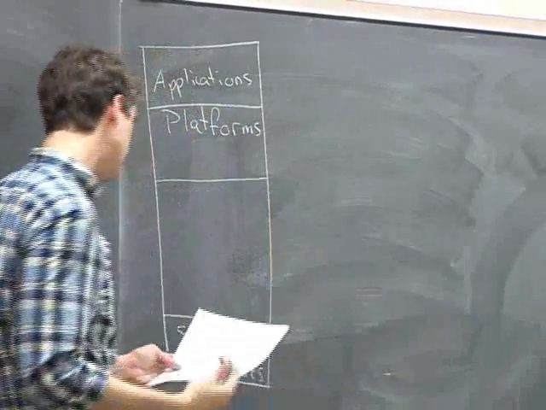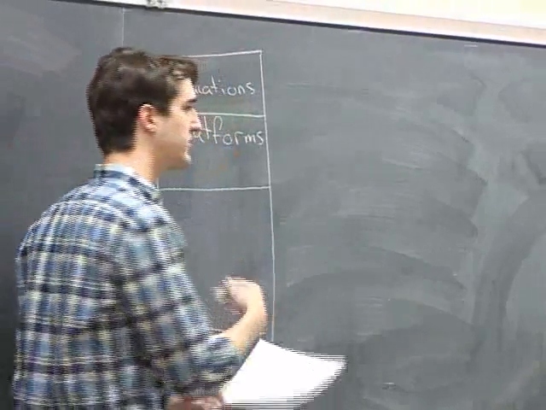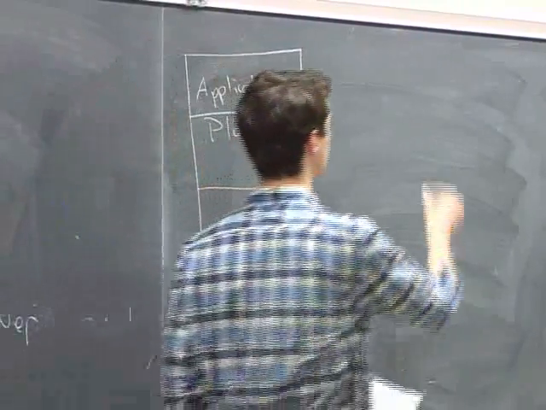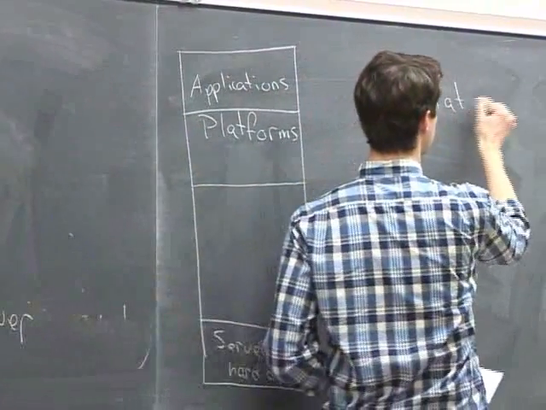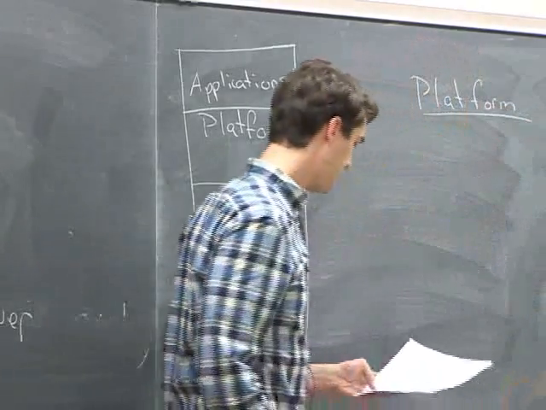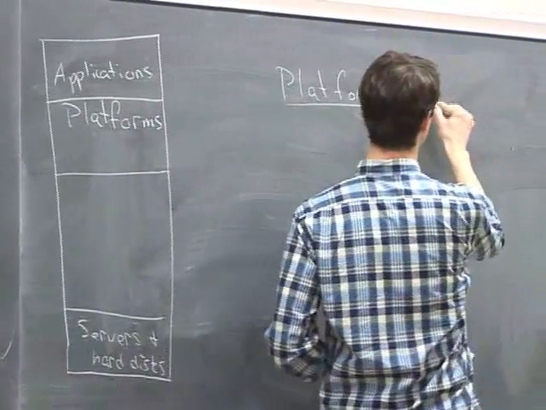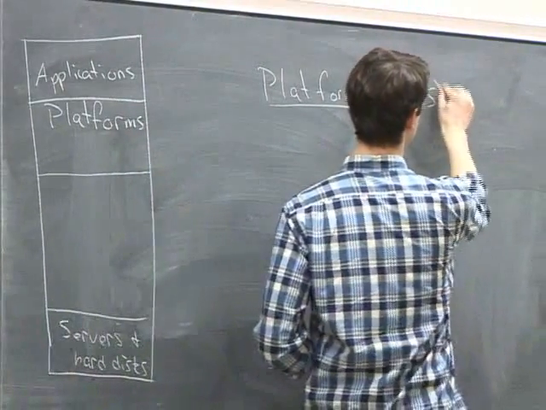You don't really need to know what a platform is. I just want to say these are things that make writing cloud applications easier, because they provide some functionality for you. This, by the way, is called platform as a service.